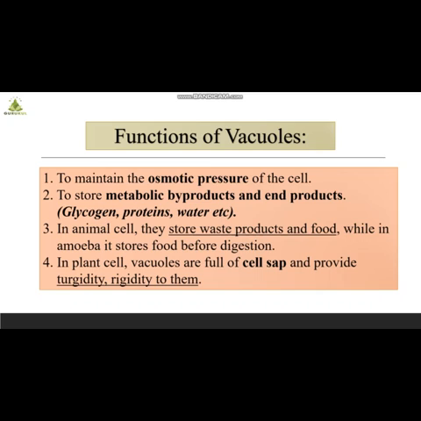Turgidity means swollen. Rigidity means inflexible. So depending upon the concentration of the liquid in the vacuoles in plant cells, they can provide turgidity or rigidity to the plant cells. That is the meaning of the fourth point.